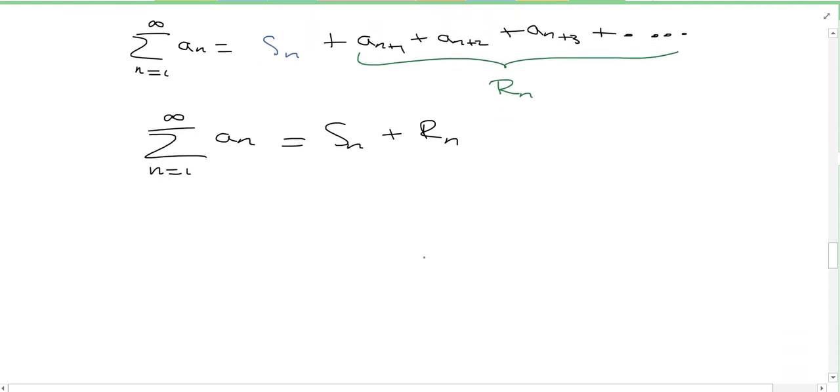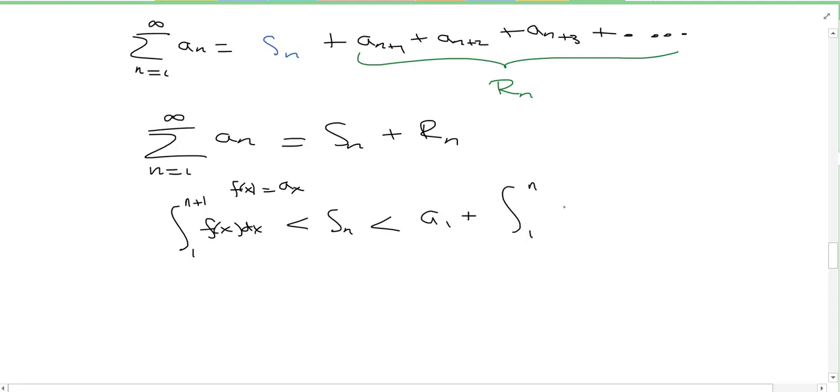Now from the previous picture and the work that we did in the prior video, we know that Sn is between the integral from 1 to n plus 1 of f of x dx, where f of x is a sub n with all the n's replaced with x, and a1 plus the integral from 1 to n of f of x dx. So that's what Sn is.